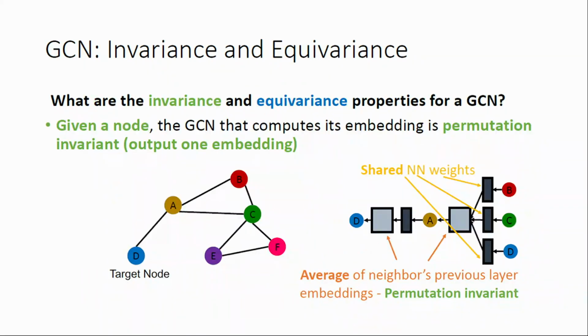Great, so we can look into why this operation is invariant and equivariant. Assuming that you can unroll the computation graph again with this graph here, you can imagine that these two operations can be swapped, because they are both matrix operations.